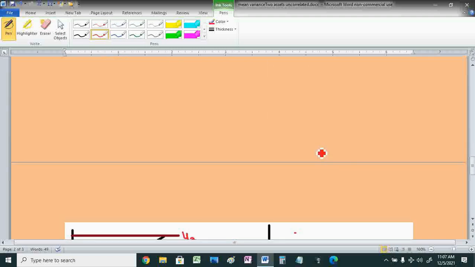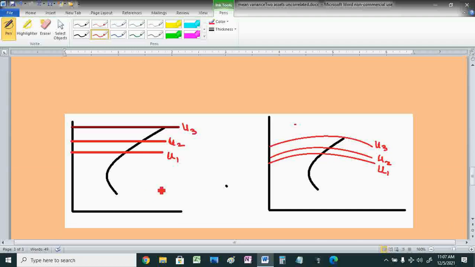Now, remember that in case where the person is risk neutral, then the indifference curve of this person will become linear, and when this is the case, this will indicate that the utility maximizing portfolio will be here where S1 is equal to 0.